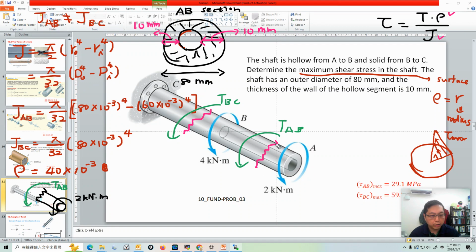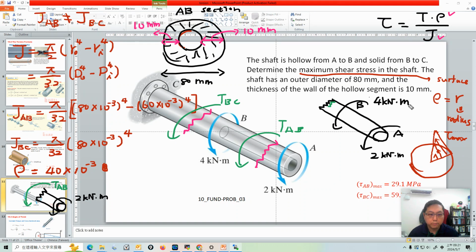Here is the first section, and I draw the other section. This is A, this is B. A is here, it's 2 kilonewton times meter.